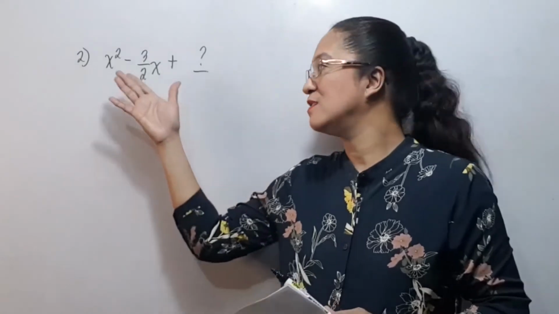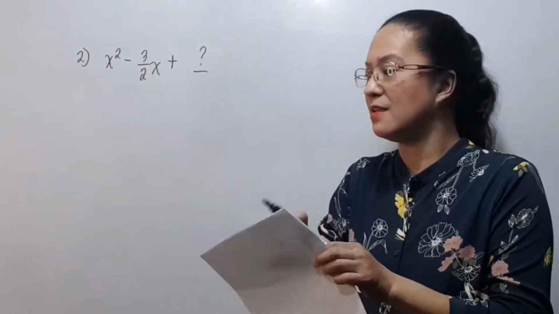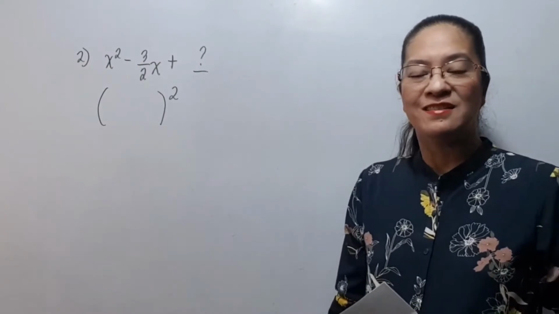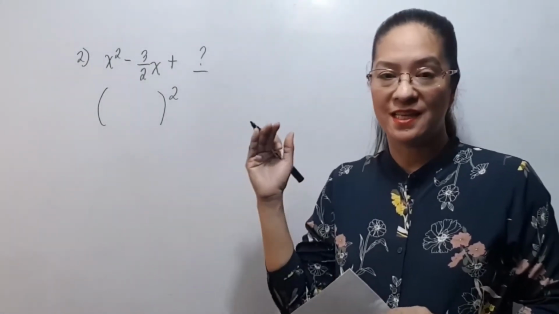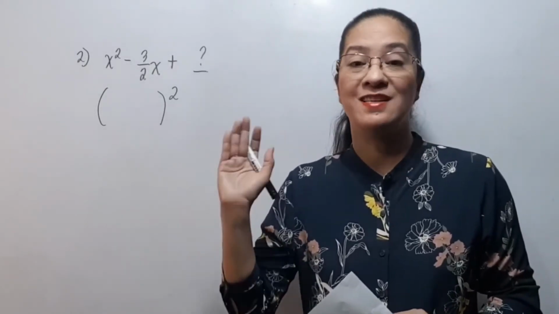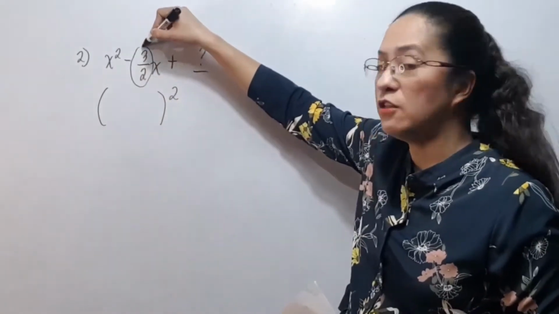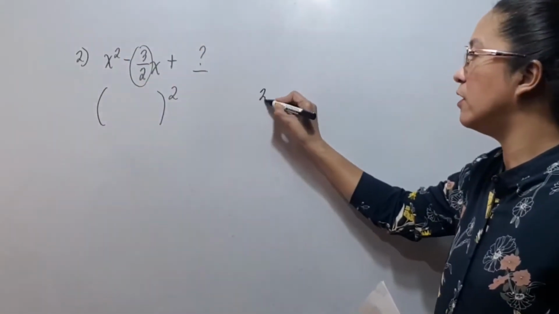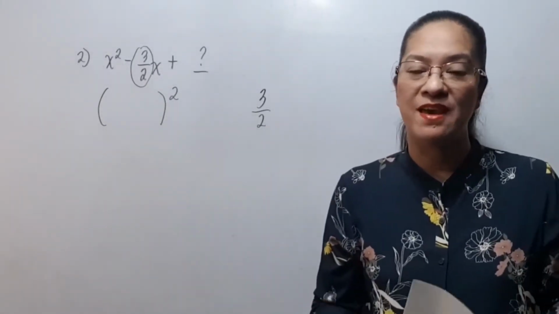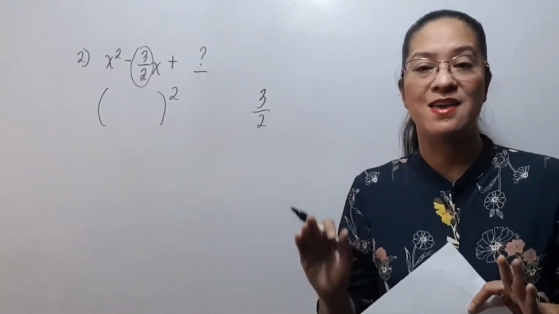Okay, so let's try to answer the second example. What must be added here to make it a perfect square trinomial? Okay? So, katulad nung ginawa natin sa second example, tinignan natin yung numerical coefficient of the second term. In this case, the numerical coefficient of the second term is 3 over 2, or 3 halves. And then, the next step is to divide the numerical coefficient of the second term by 2.